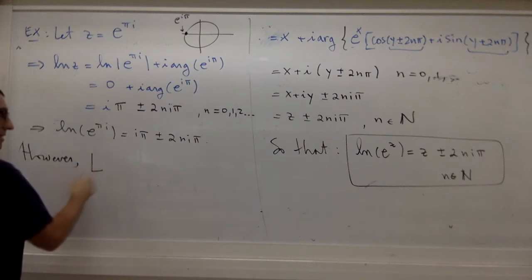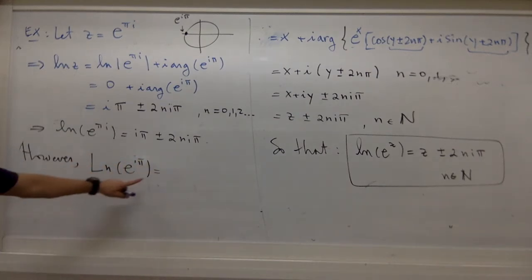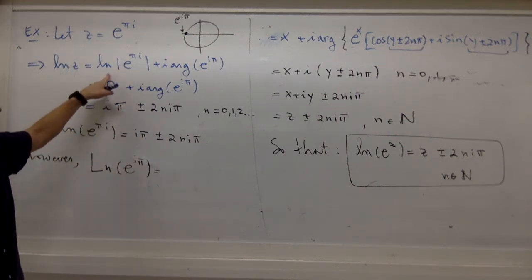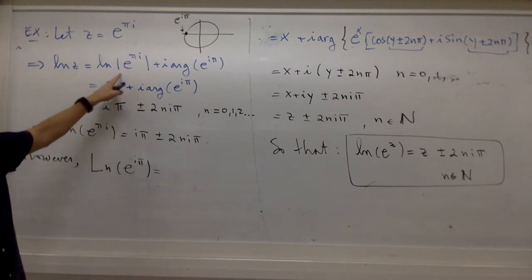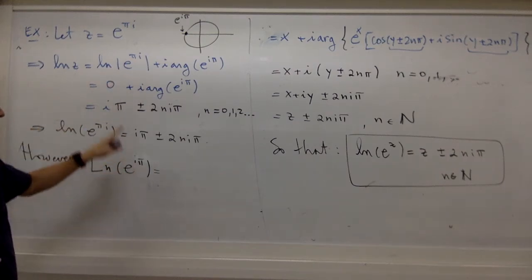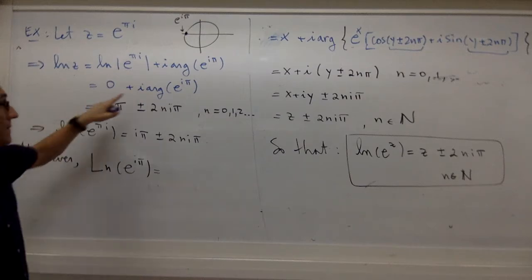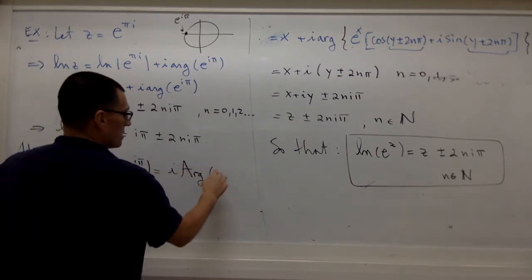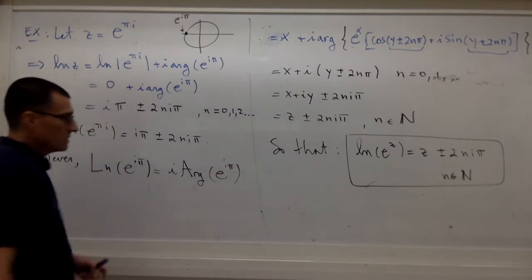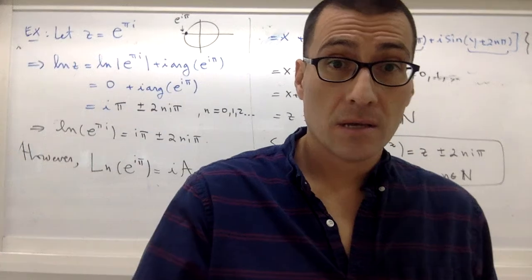the principal value of the logarithm of e to the I pi, what is it? Obviously, it's going to be 0, because the modulus of exponential of I pi is 1. So log of 1 is equal to 0 plus I times the capital Arg of the same number, exponential of I pi. What's the principal value of that argument?